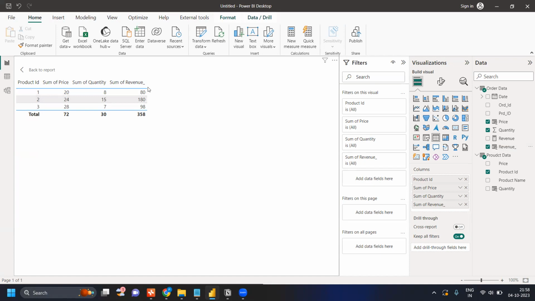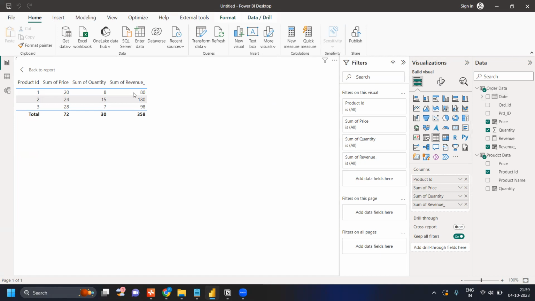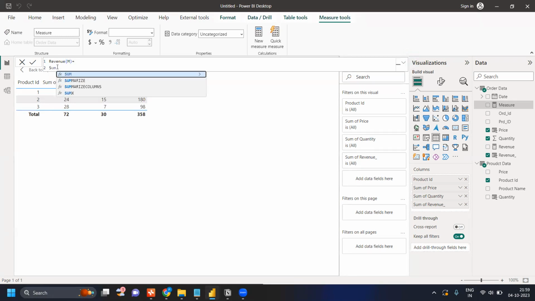You can ask me, why don't we create it as a measure instead of a calculated column? We can do that. For that, we create a new measure, revenue as a measure. How to do that? We have to use the iterator function because it is row context, right?